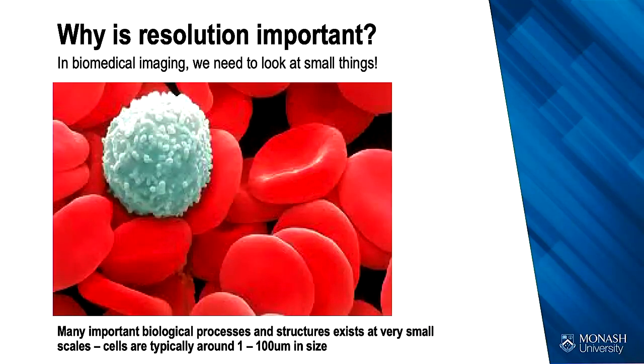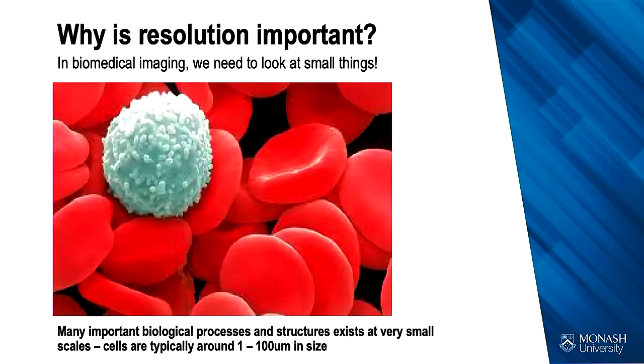Why is it important? Well, we need resolution. We need to be able to see small things in biology because a lot of biology stuff happens on small scales. So this is an image of blood. See red blood cells, and that's a white blood cell. And that cellular level is where a lot of biology happens.